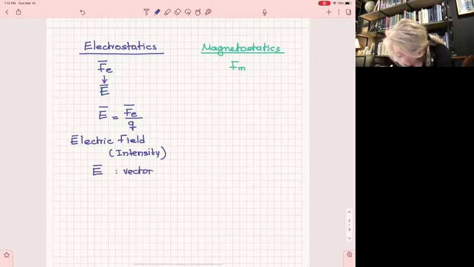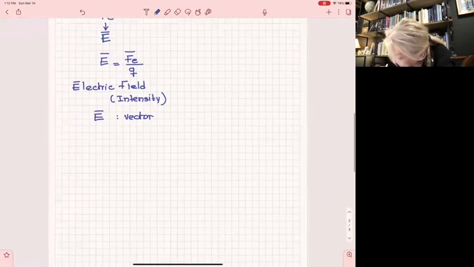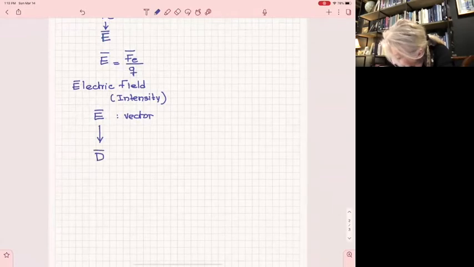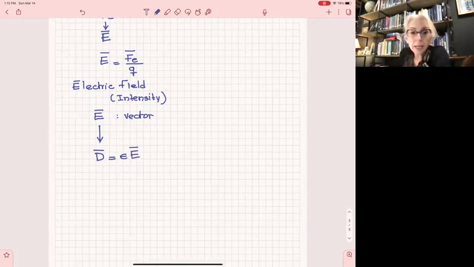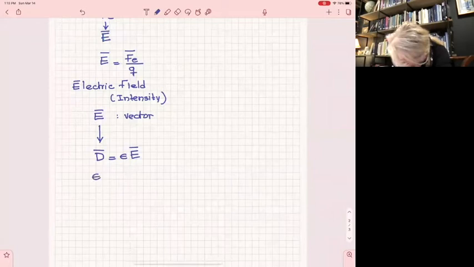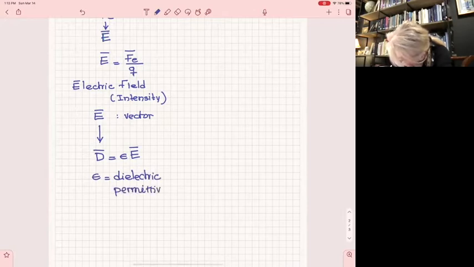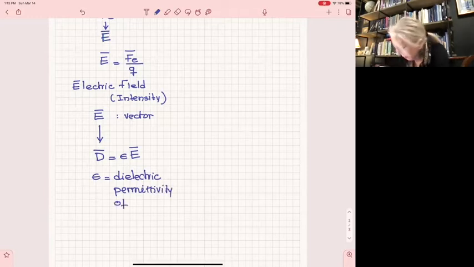Now, from the electric field, we define the other vector D, which is epsilon E, and epsilon is the dielectric constant of the medium, or the dielectric permittivity of the medium.